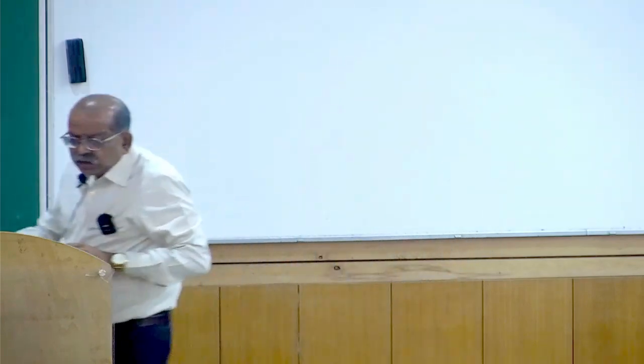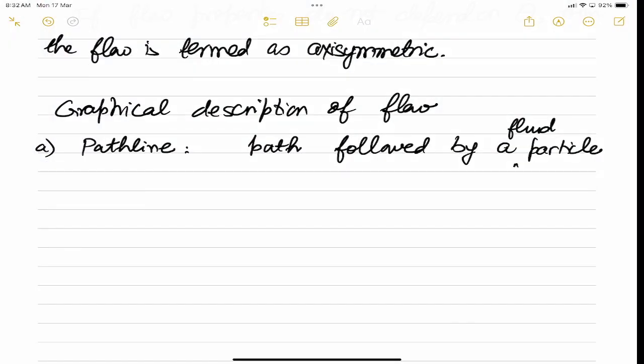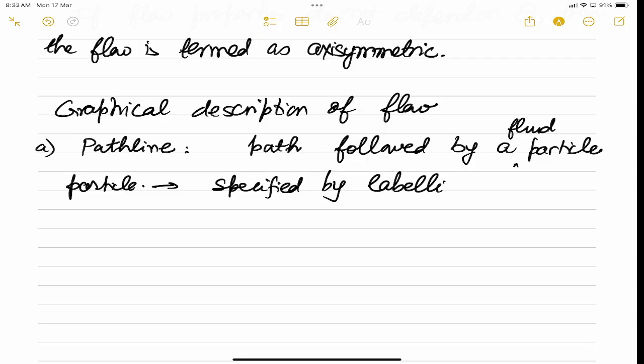So here, when we say particle, it is specified by labeling it. And how do you label it? So you say particle at x0 at time t0.